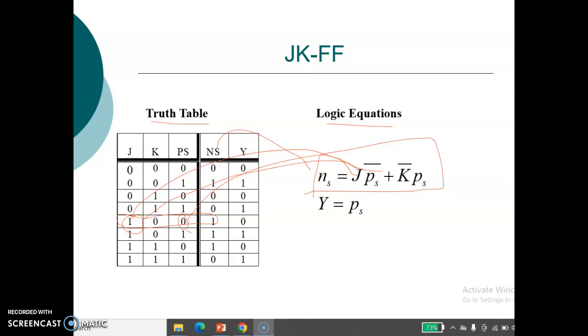For here, this one, okay. K for PS, okay, Y equal to PS, Y equal to PS, this one, okay.